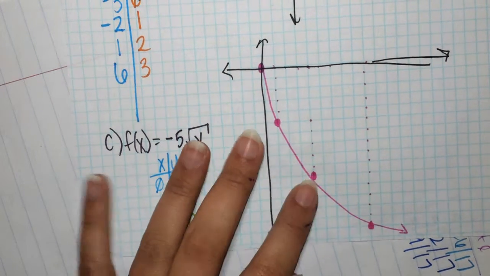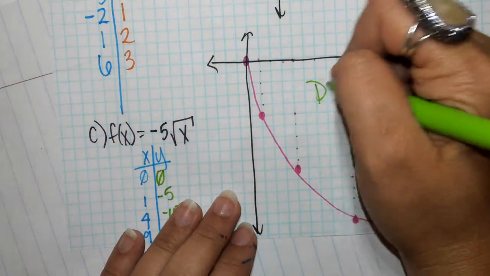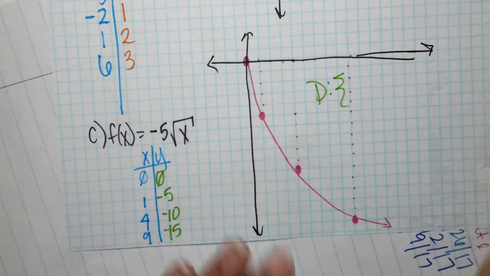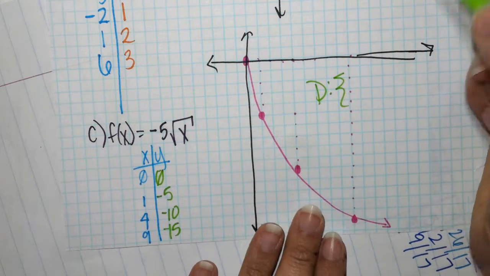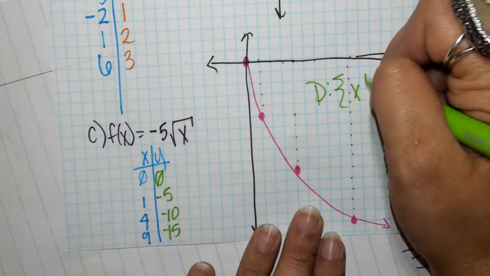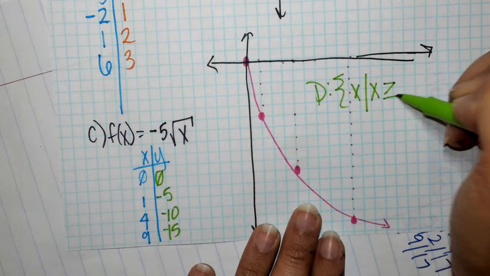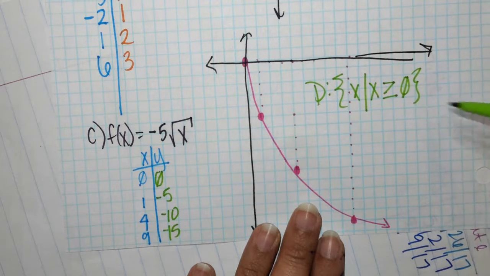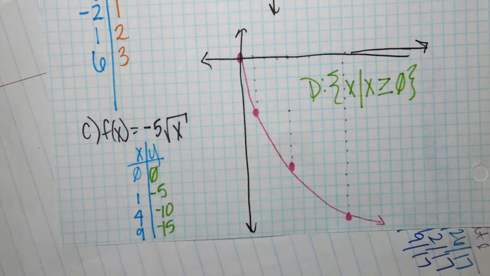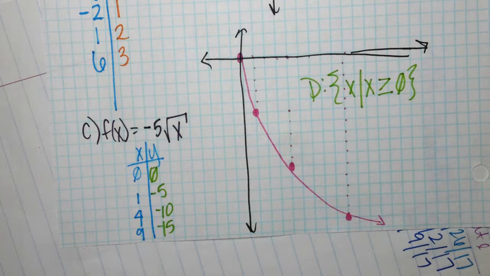Wait, no, pause. Domain and range. What is the domain of this graph? Did we plug in any negative numbers for x? No. So it's x when x is greater than or equal to 0, because we didn't plug in anything less than 0, did we?